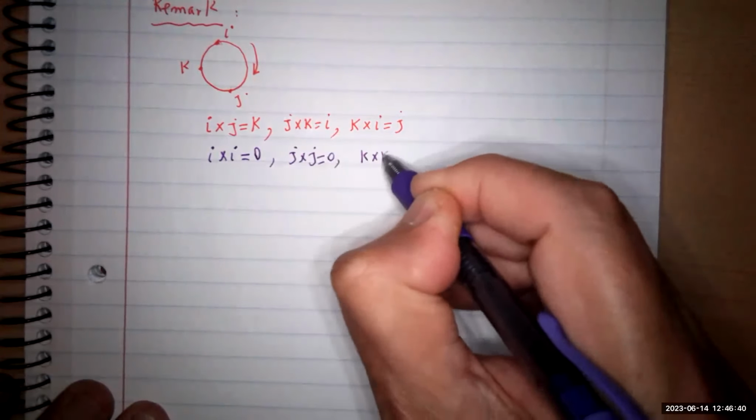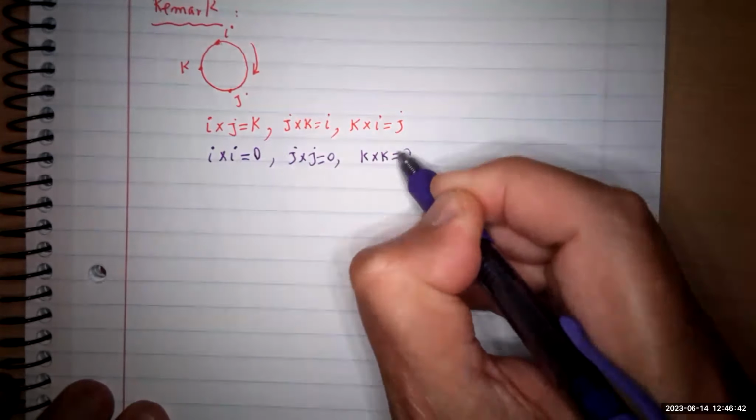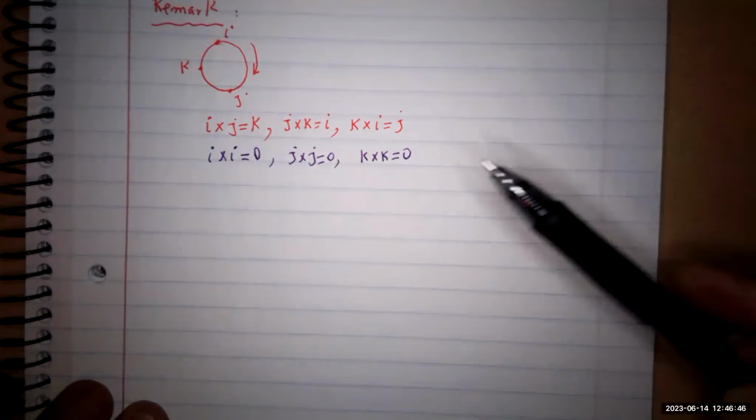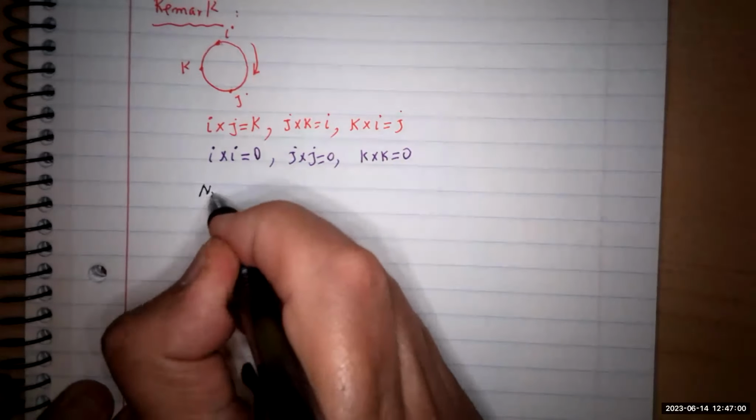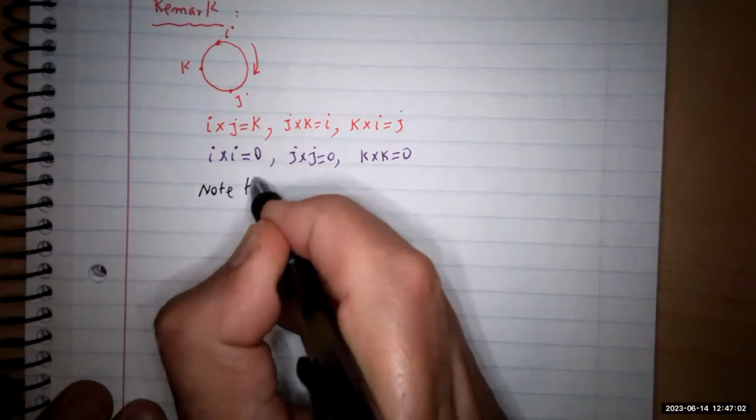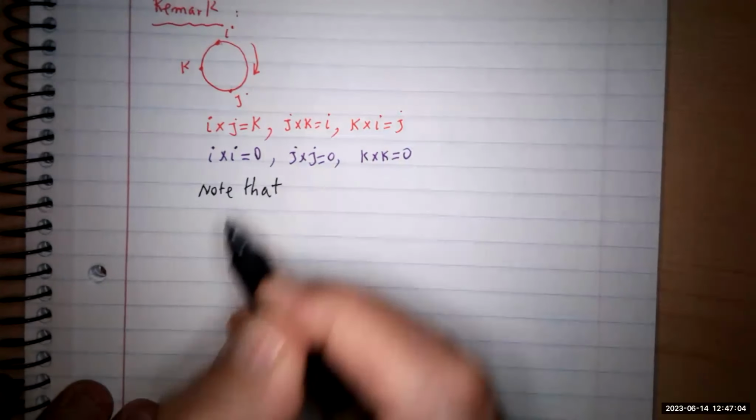K cross K is going to be 0. These are the cases that you can use to get these formulas. It would be fun, and we are not going to do it, but it would be fun sometimes to do this type of operation because you have a couple of them in your book as your assignment. I just wanted to show it.